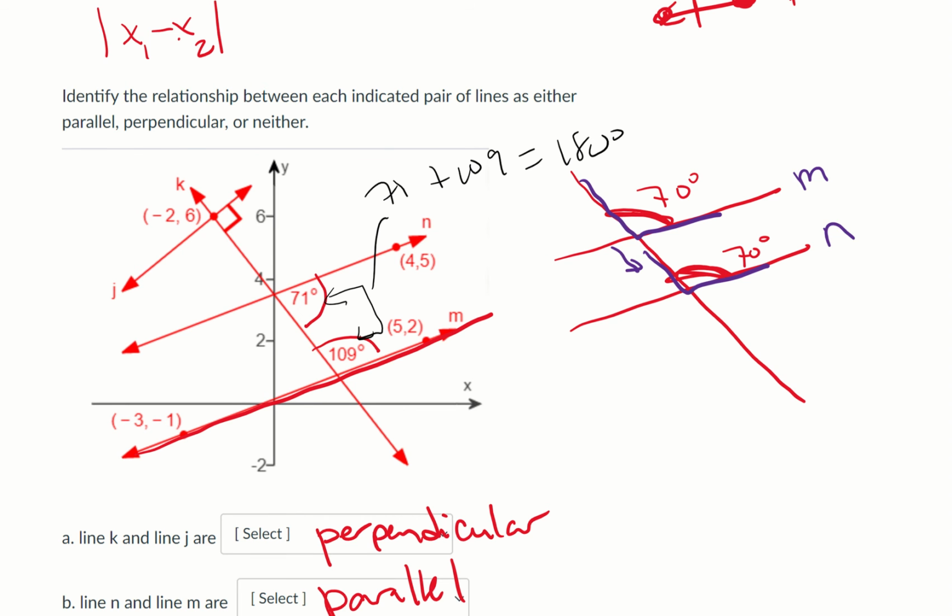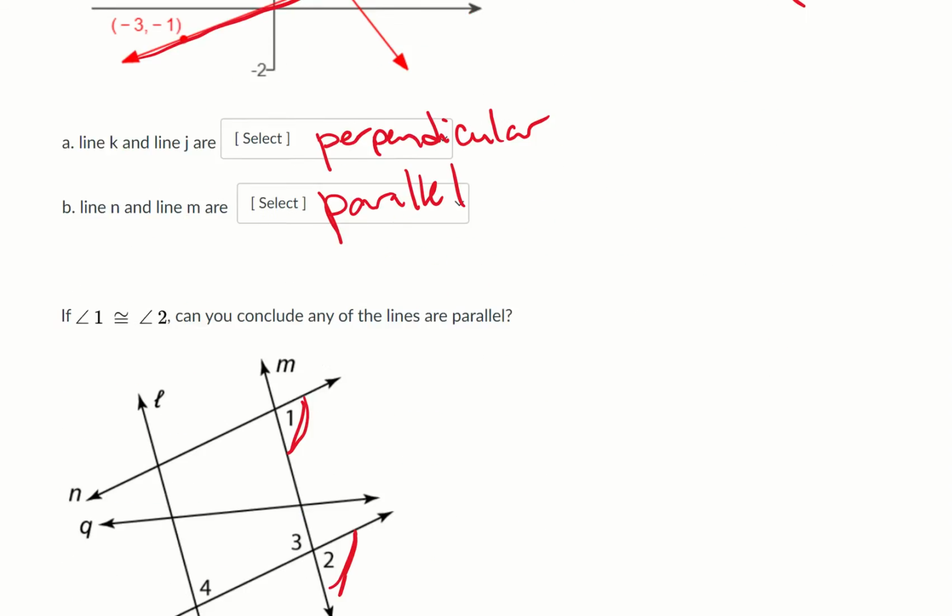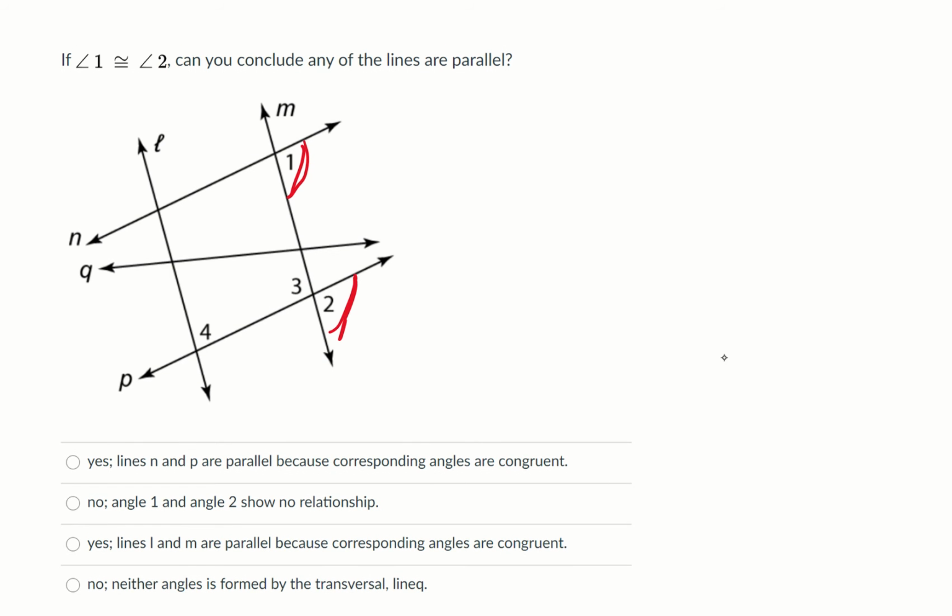Let's call these lines N and M. These two angles have to do with P and N, because those are the lines we're dealing with for those angles, and the transversal is this one.